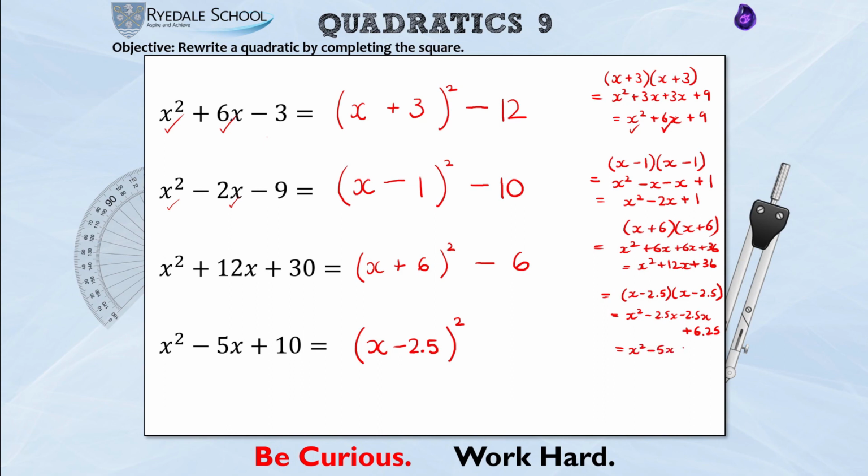That bit's good. But I've got plus 6.25. And I need to get all the way up to 10. So I need to add a bit extra this time. And it is 3.75. If I was doing this question, I probably would write both of these answers either as a mixed number or even as top-heavy improper fractions.